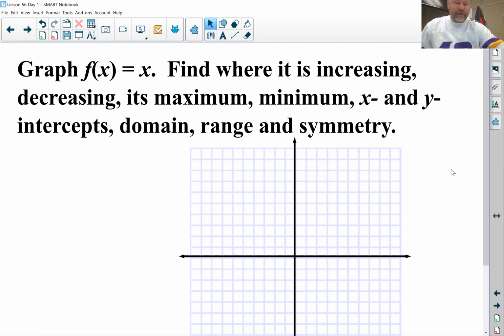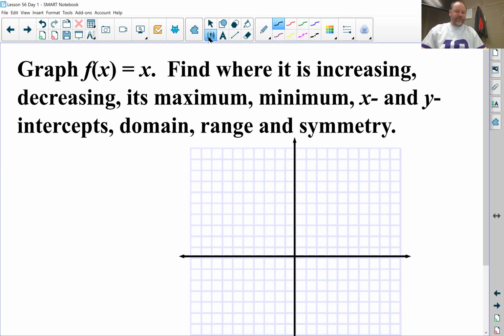Hopefully, on the base function, graphing, I hope, and especially for linear functions, should go pretty smooth. Okay. Other functions, you may want to pick some values and plug them in.